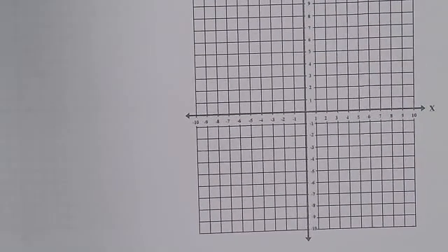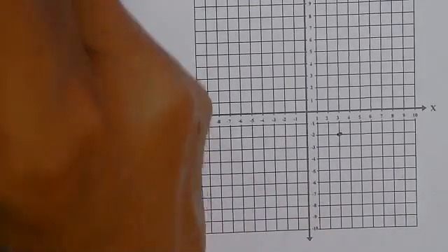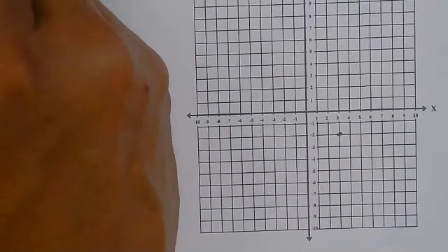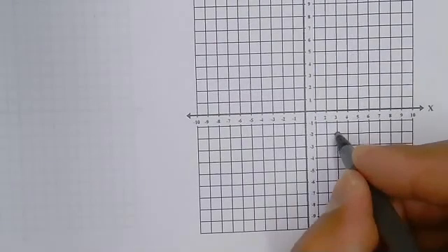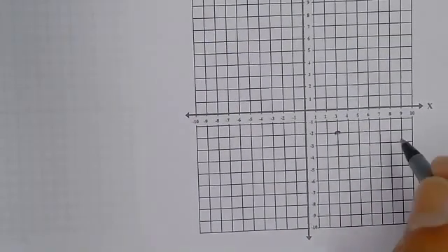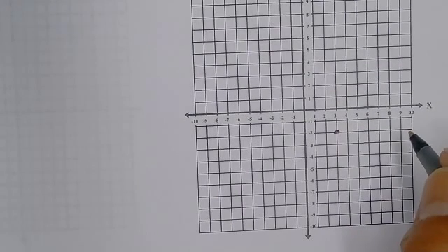Right here. Let me put the points and then I'll put the coordinates. This will be 3, -2. Put this point right there. 3, -2.